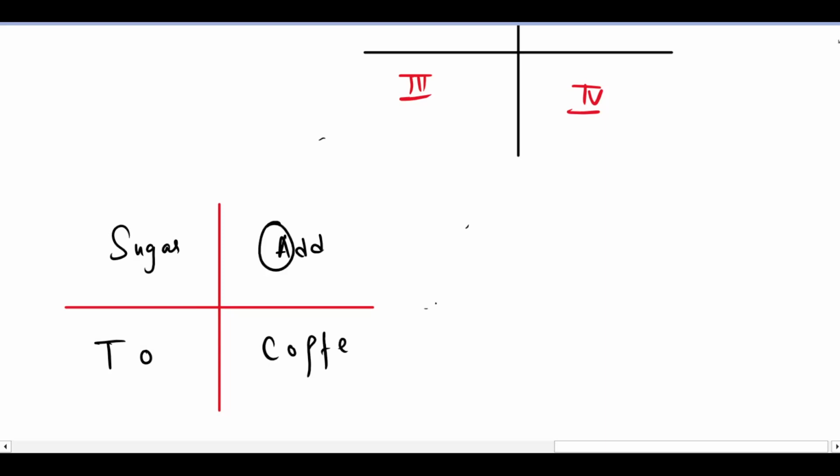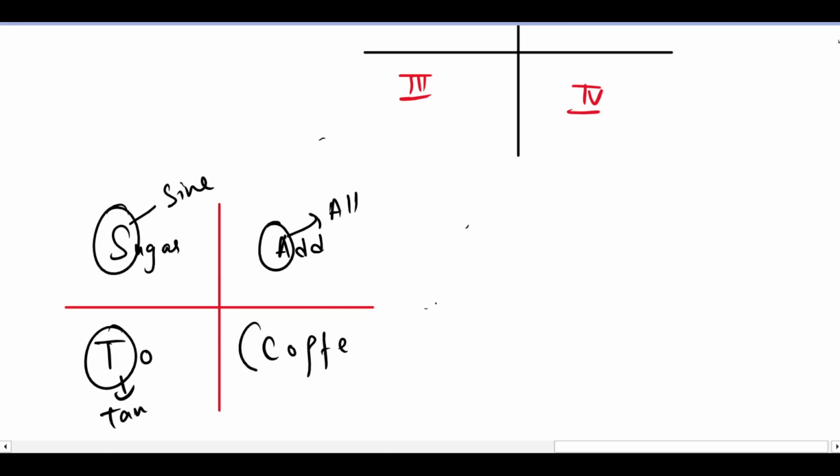Here A means all, S means sine, T means tan, and C means cosine.